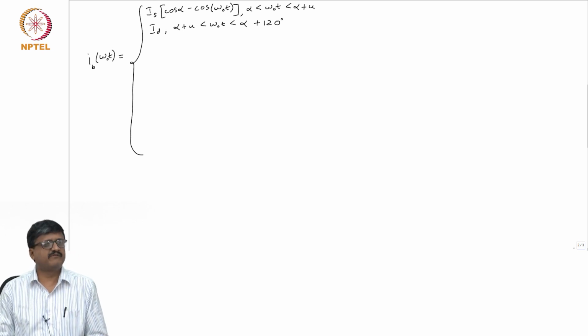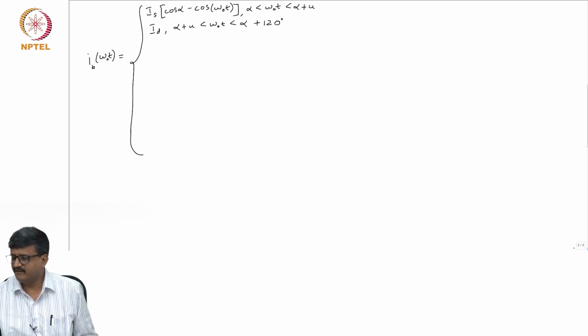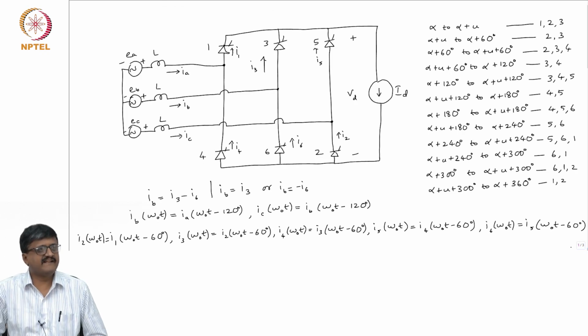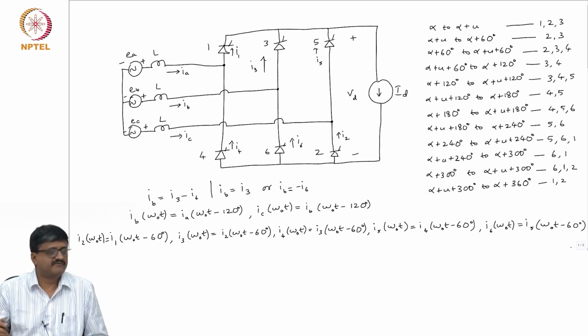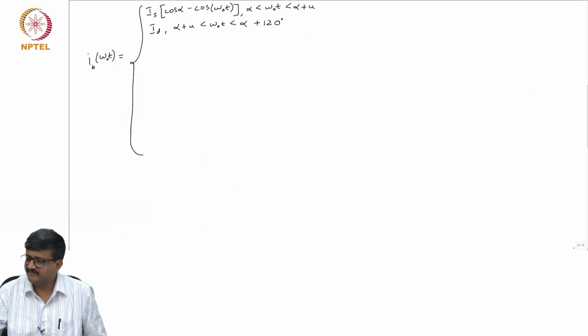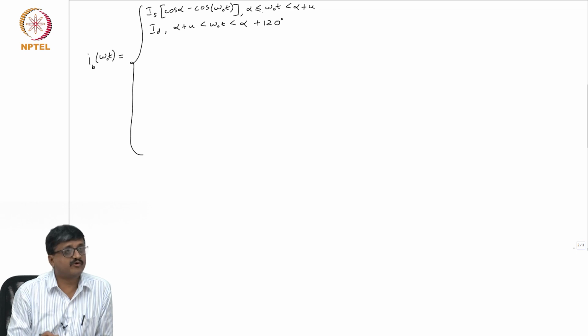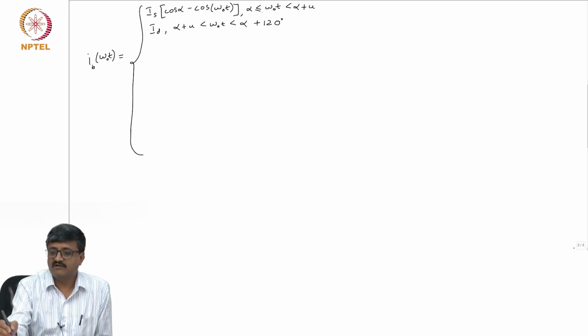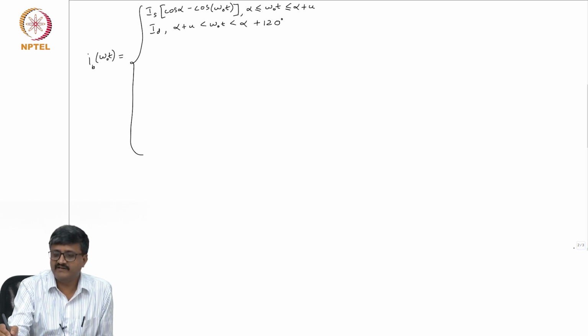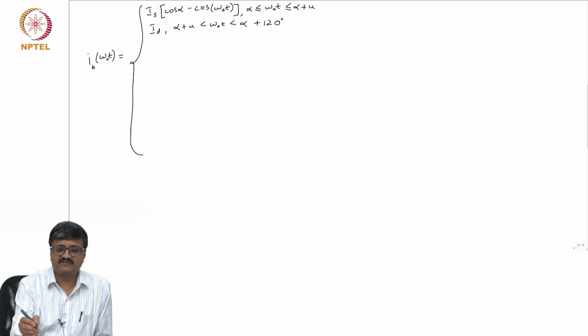Now, one can easily observe one fact that unlike the previous case where L was 0, here L is non-zero, so IB cannot have discontinuities. So, when IB cannot have discontinuities, then I can easily say what happens at omega t equal to alpha, what happens at omega t equal to alpha plus u.